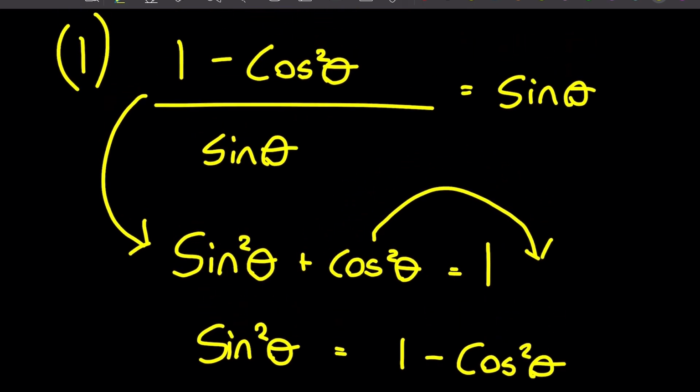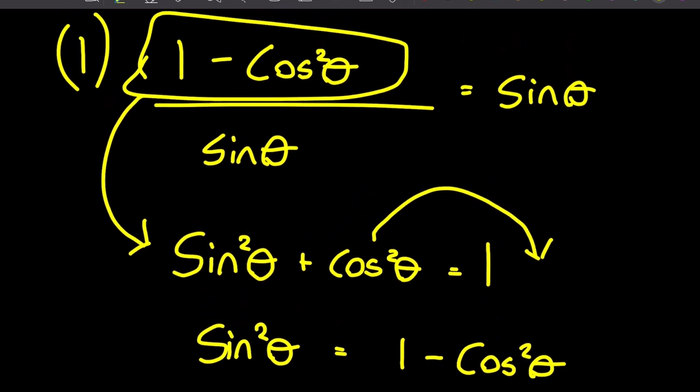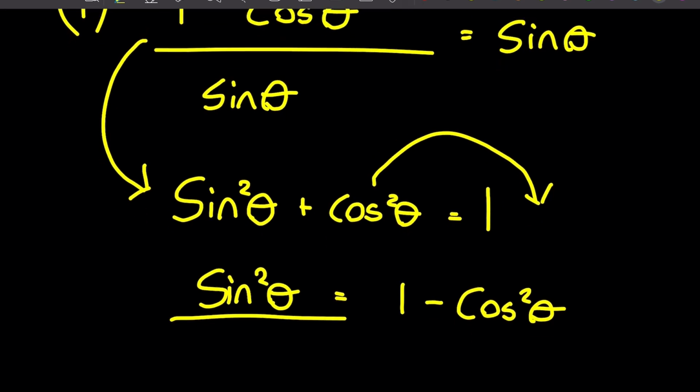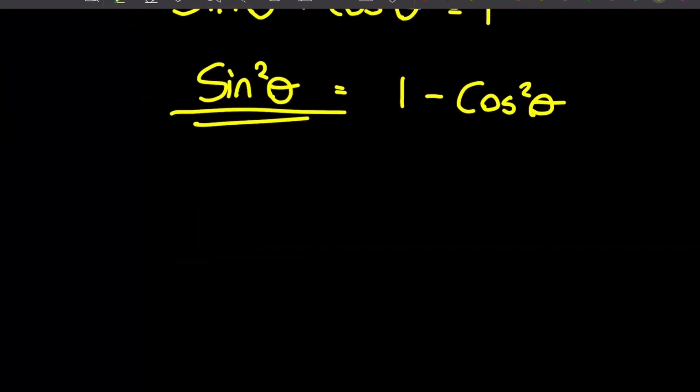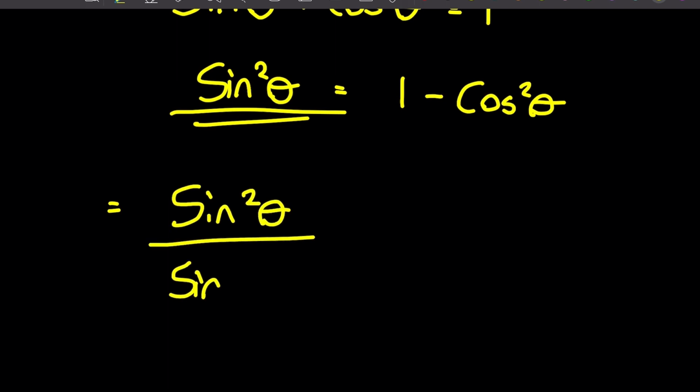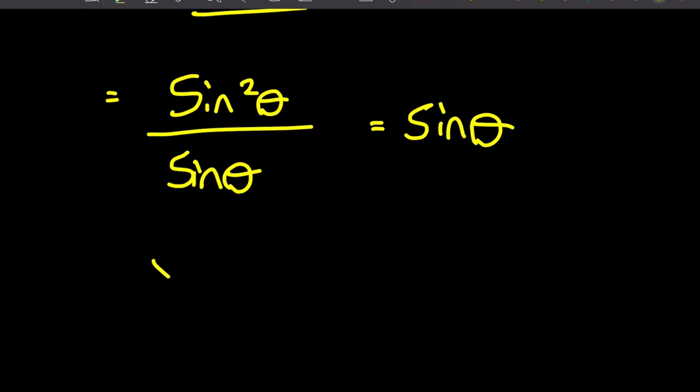And in this case, we can remove this 1 minus cos squared theta and instead add sine squared theta. So now we'll be getting sine squared theta over sine theta should be equal to sine theta. And you know that if you have something squared, so you see x squared over x, it's just equal to x.